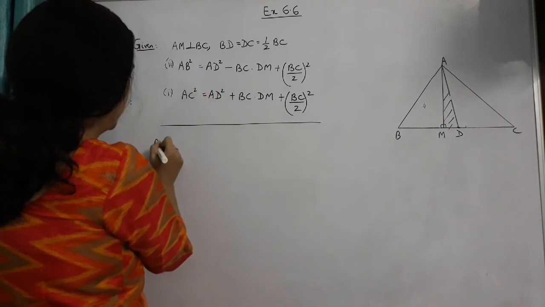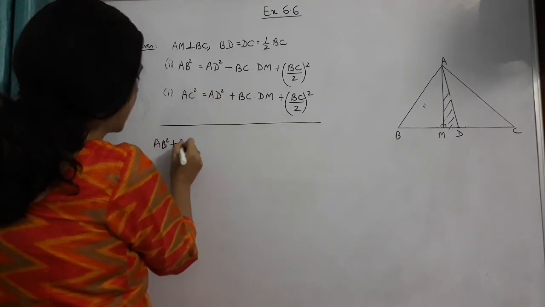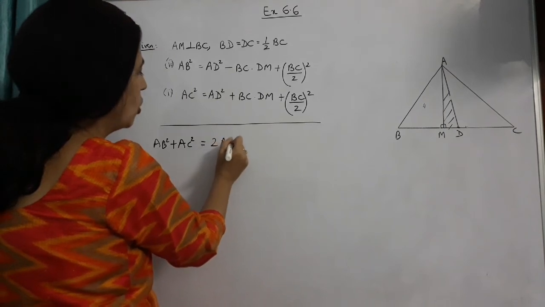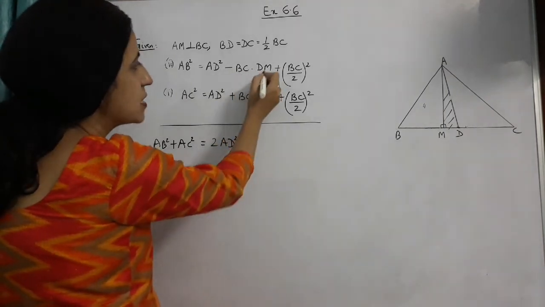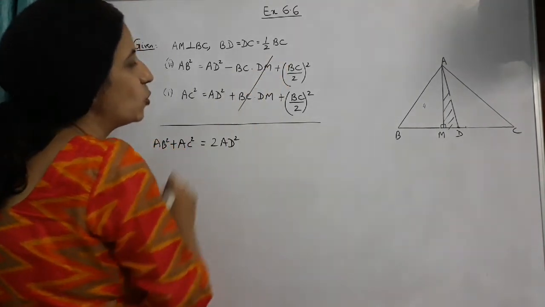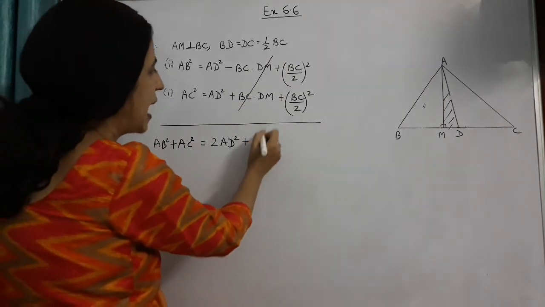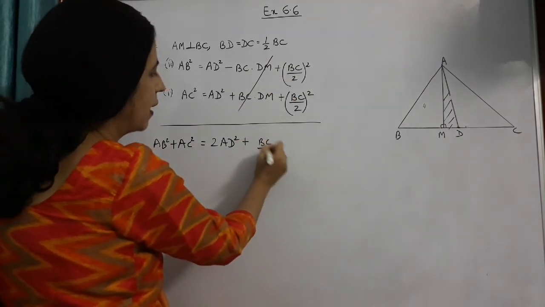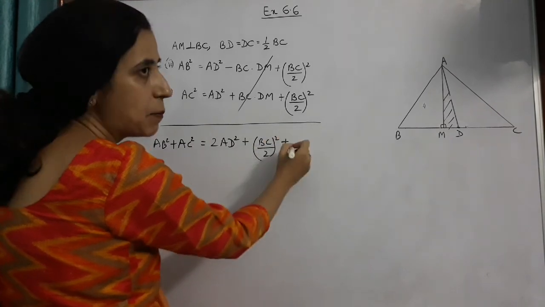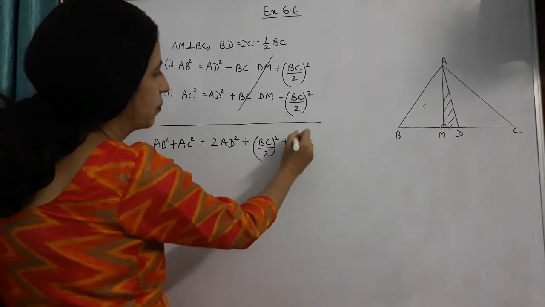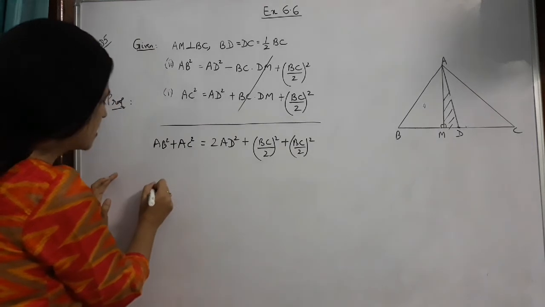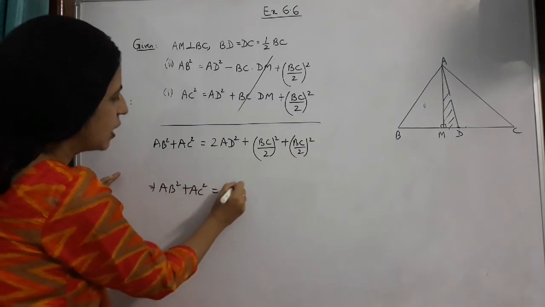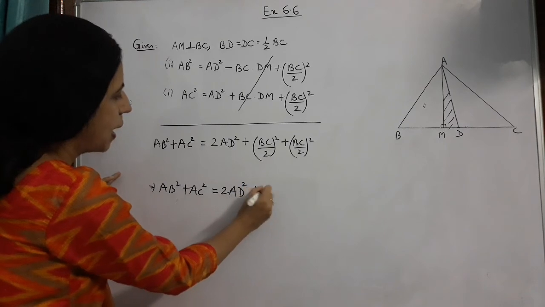On adding, we obtain AB square plus AC square is equal to AD square plus AD square, which is twice AD square, minus BC into DM plus BC into DM gets cancelled, plus BC by 2 whole square plus BC by 2 whole square. Let us simplify this.